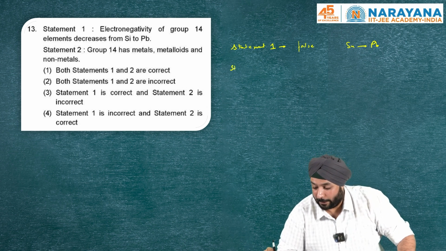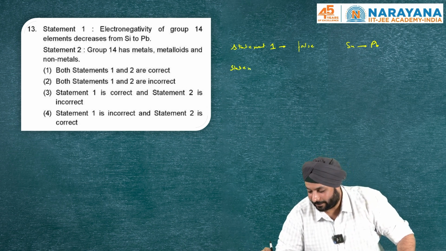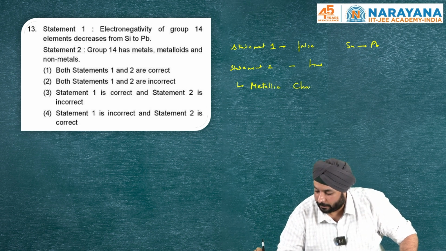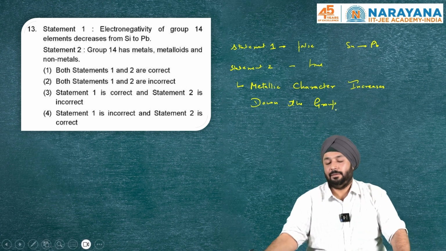So statement 2 is true. And you know that metallic character increases down the group. Getting it?